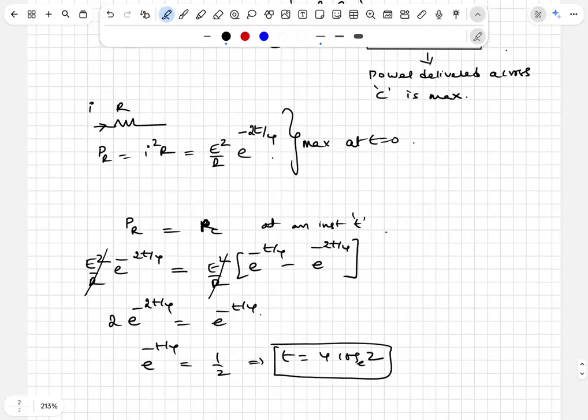This is the same time when power delivered across the capacitor is maximum. When power delivered across the capacitor is maximum, that is the same instant when power delivered across the capacitor and power delivered across the resistor is the same. I repeat, at the instant when the power delivered across the capacitor is maximum, the power delivered across the capacitor and the power delivered across the resistor is the same.